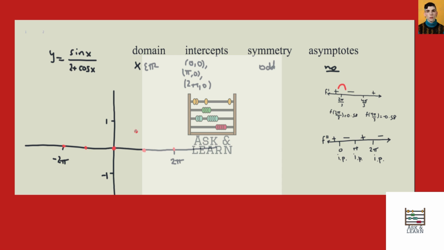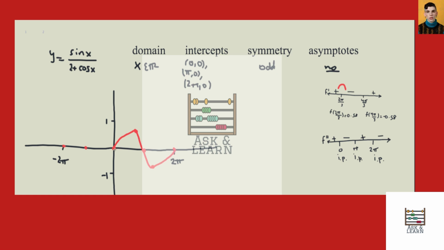Let's say it's right there. This is just a rough sketch. And then we have our minimum value, 4 pi over 3, and negative 0.58. Let's say this is our local minimum. So now it increases, hits our max, decreases, and then it will continue decreasing until it hits our min, and then it will increase again.